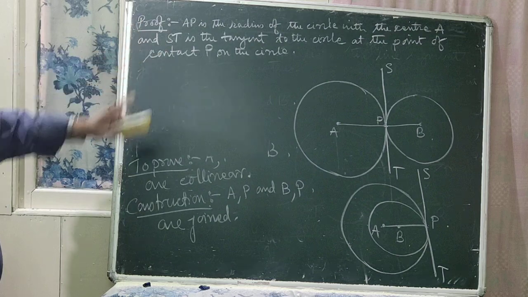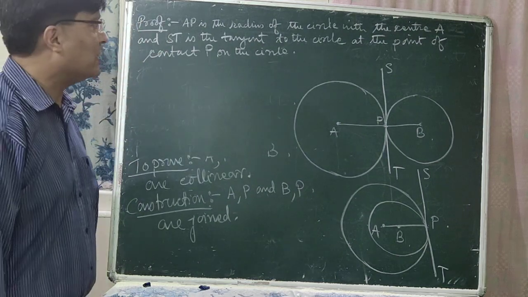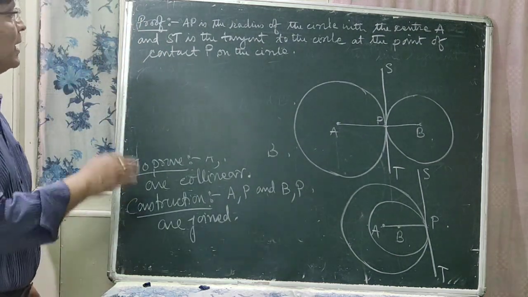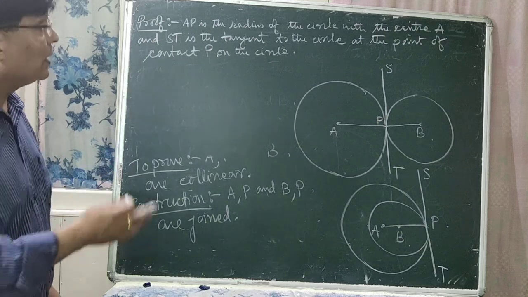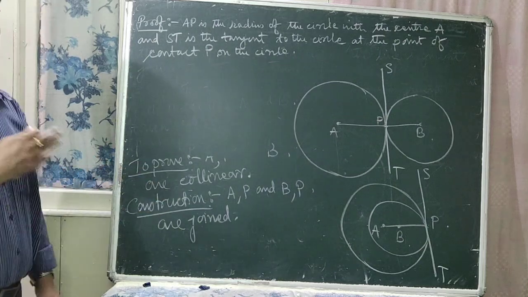Okay, so we have written here AP is the radius of the circle with the center A, and ST is the tangent to the circle at the point of contact P on the circle.